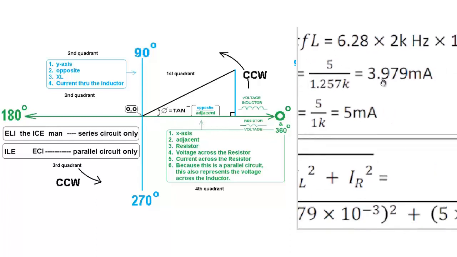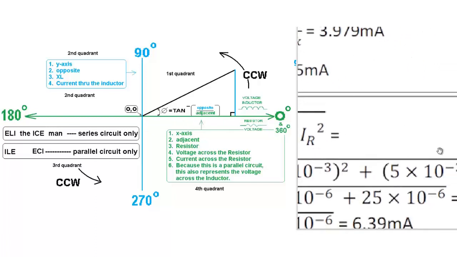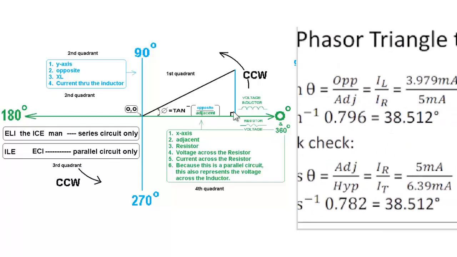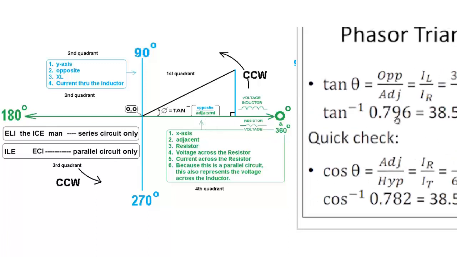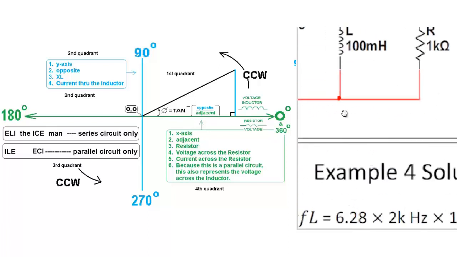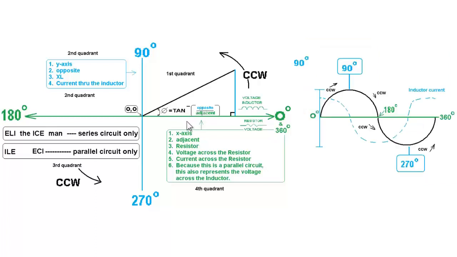So you take your 3.979 milliamps, divide it by that 5 milliamps, and that's the opposite over the adjacent, and you get 38.512 degrees using the given values. And so that's how you find the angle that's associated with this circuit, which is very important.